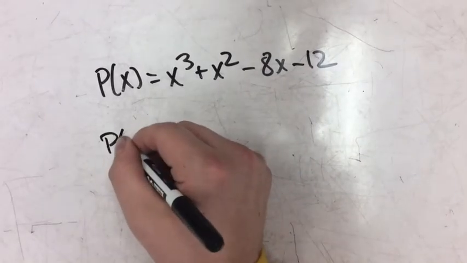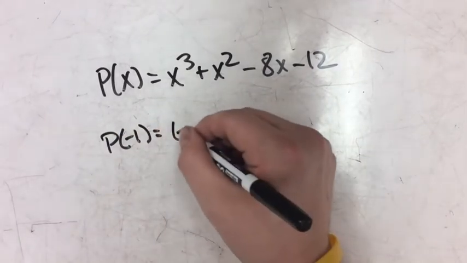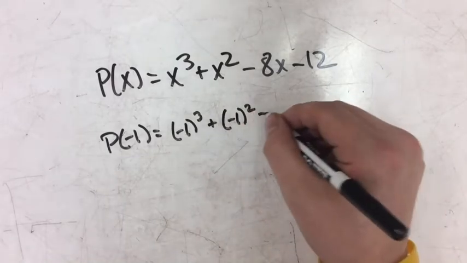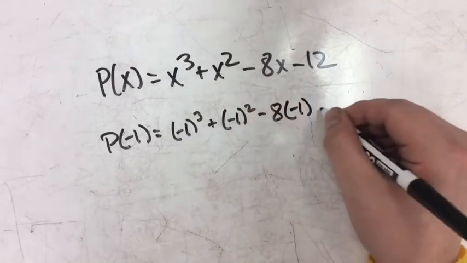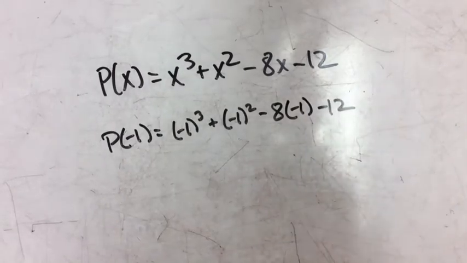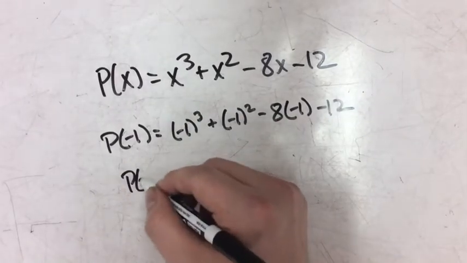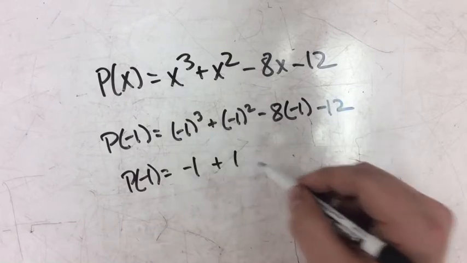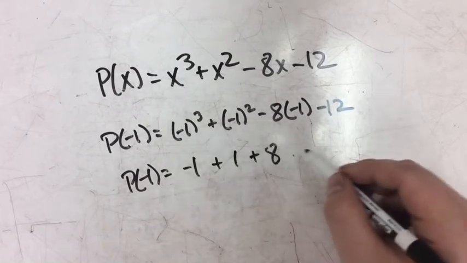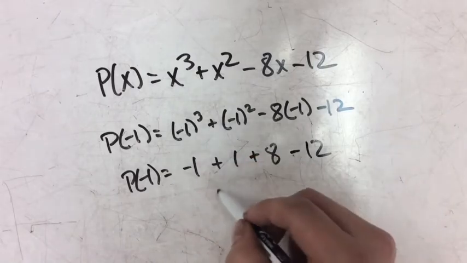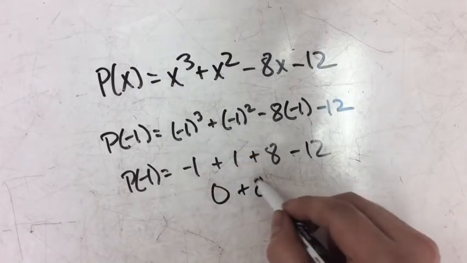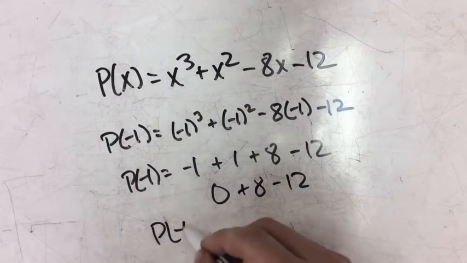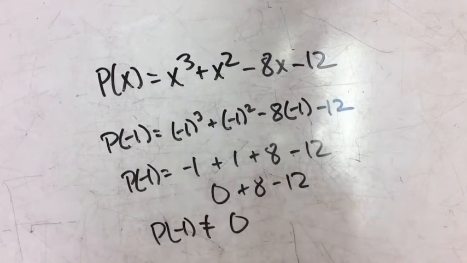So p of negative 1 equals negative 1 cubed plus negative 1 squared minus 8 times negative 1 minus 12. What does this give us? P of negative 1 equals negative 1 plus 1 plus 8 minus 12. This is 0 plus 8 minus 12. At this point, I know it won't equal 0. So p of negative 1 does not equal 0.